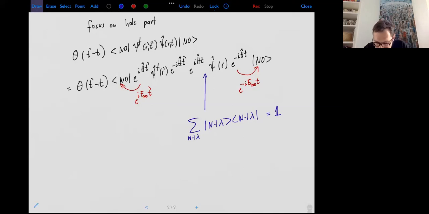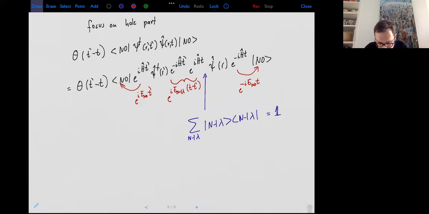And when the Hamiltonian up here acts on this state, it again gives us the total energy of that state. So what we'll get here is e to the i E n-1 lambda, t minus t prime.